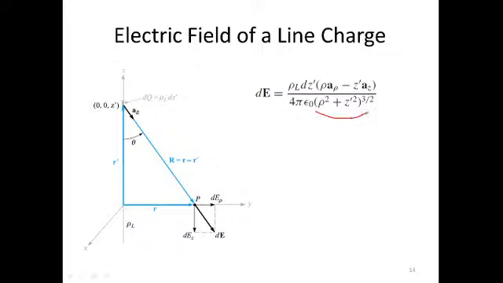So combining the representation, we have in the parenthesis the addition of rho square with z dash square, with the power 3 by 2.